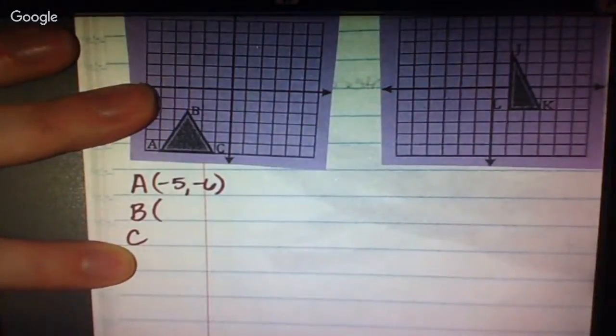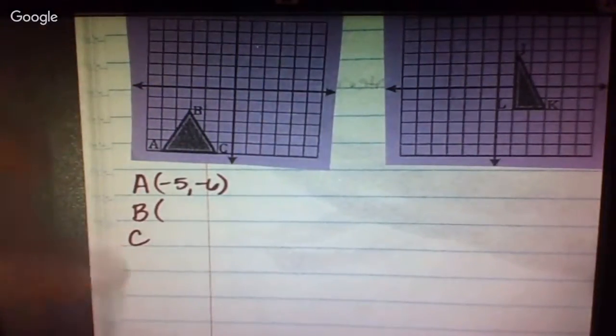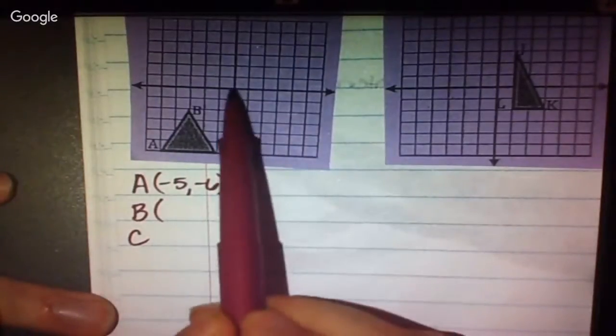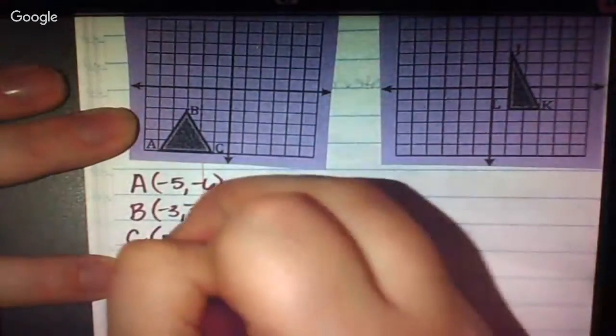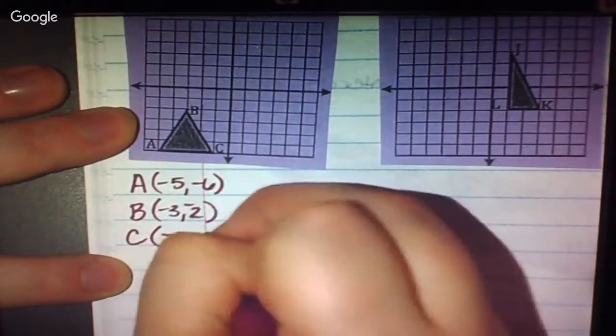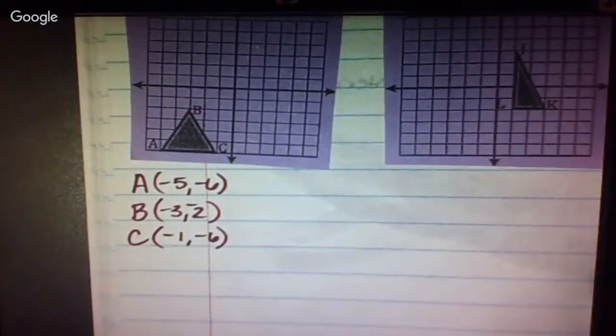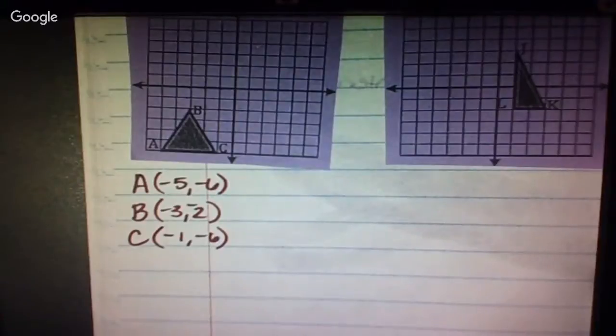Where is B? Negative 4, negative 3. Negative 3, negative 2. And where is C? Negative 1, negative 6. Okay.